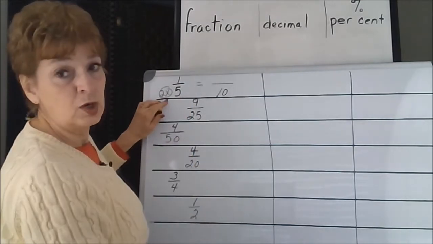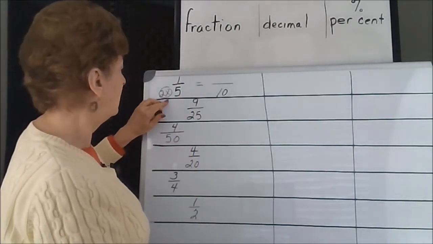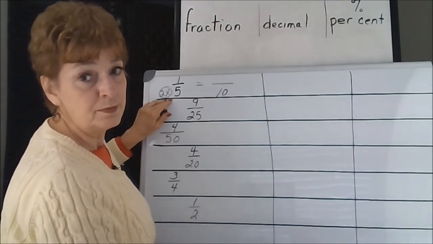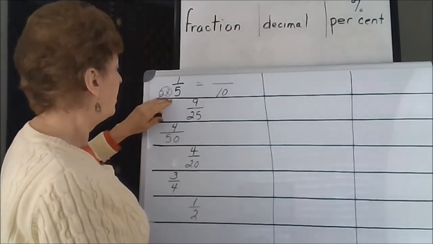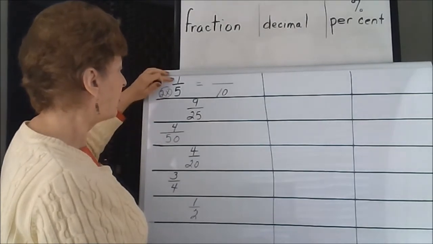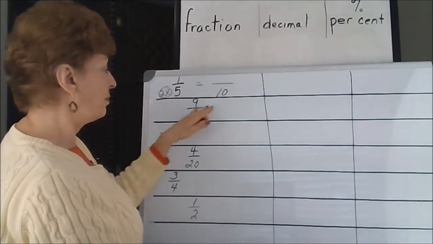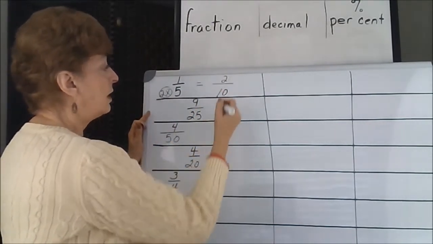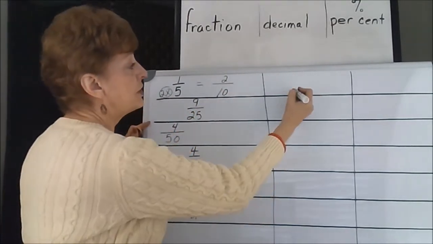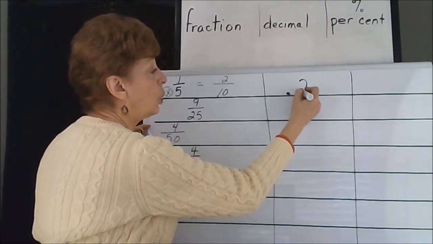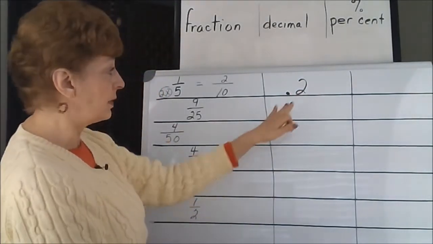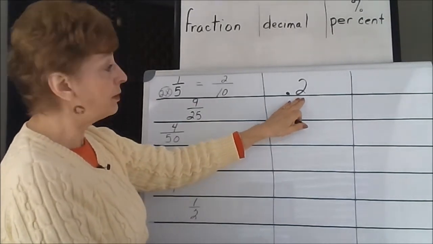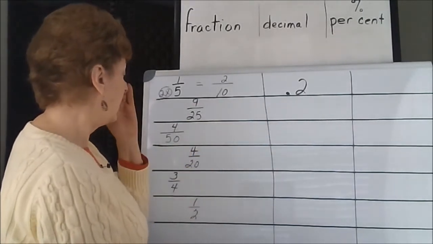So we could make an equivalent fraction with this, like we did when we were adding and subtracting fractions, by multiplying the numerator by the same number that we multiplied the denominator. So 2 times 1 is 2, which gives us 2 tenths, which gives us a quick way to do a decimal number, because tenths is a column in the decimal place value.